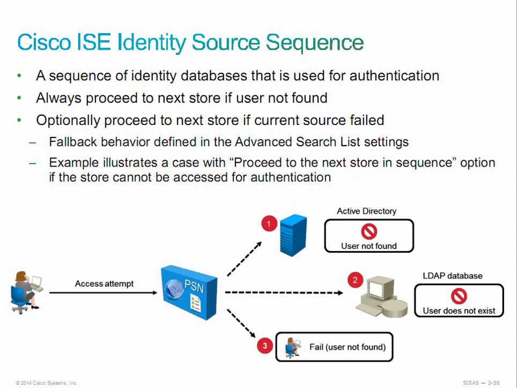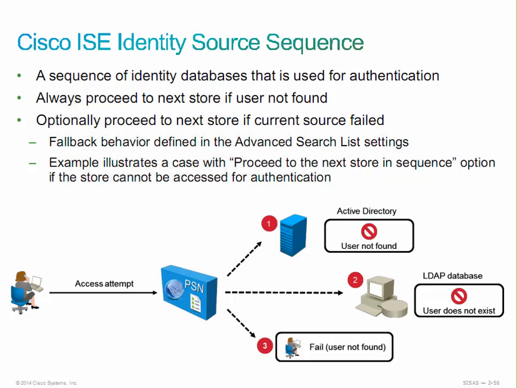And we use these different identity sources to retrieve group information and other attributes that are associated with the user for use in our authorization policies as well. Essentially, they're just databases that store users' information in the form of records, and then we want to reference those records and so on.